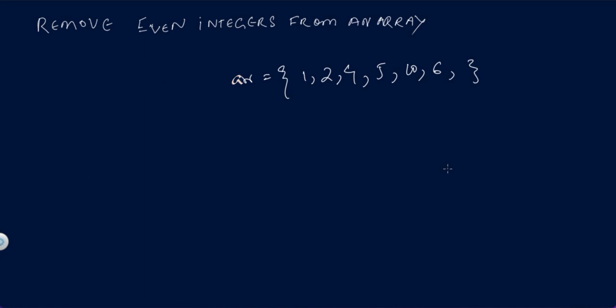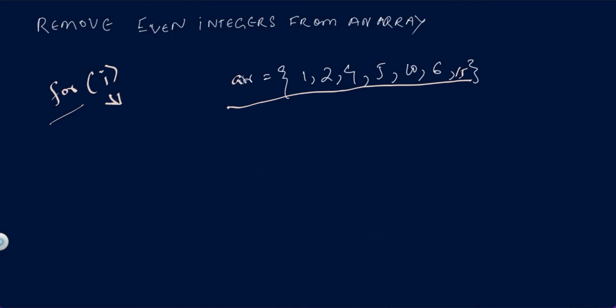Now to solve this problem, an array will be given to us, and first we will need to iterate each integer of the array. So we will use an iterator. For this I recommend a simple for loop which will iterate each element. In this for loop, i will represent the index of our array.